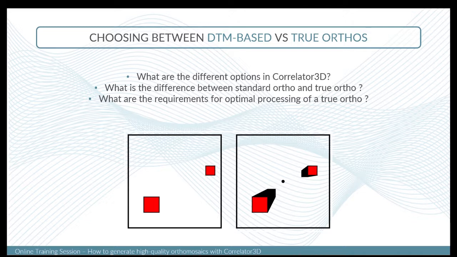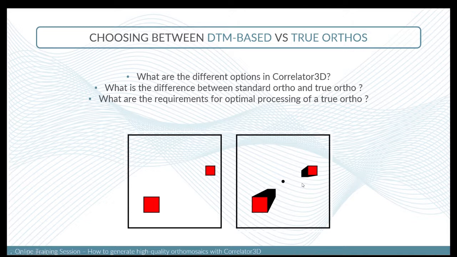So it will not rectify the building perspective leaning effect or trees. It will only rectify what is on the ground because you're using a terrain model for the orthorectification. So you will have an ortho for everything that is on the ground, but you might still have the buildings looking like this with that perspective effect.